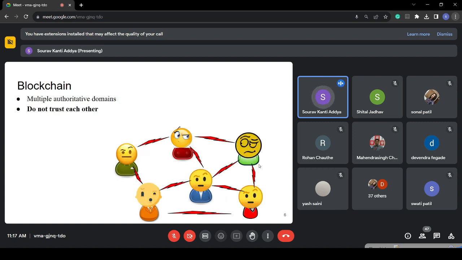The next thing is they do not trust each other. You can see by this diagram, it is very funny, but they don't want to trust each other. Basically, they are competitors of each other.